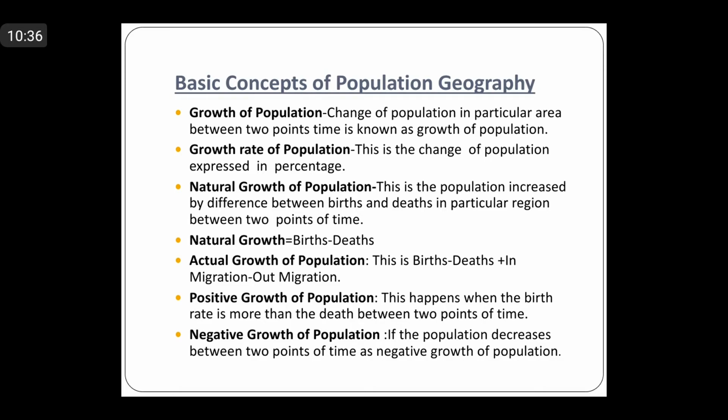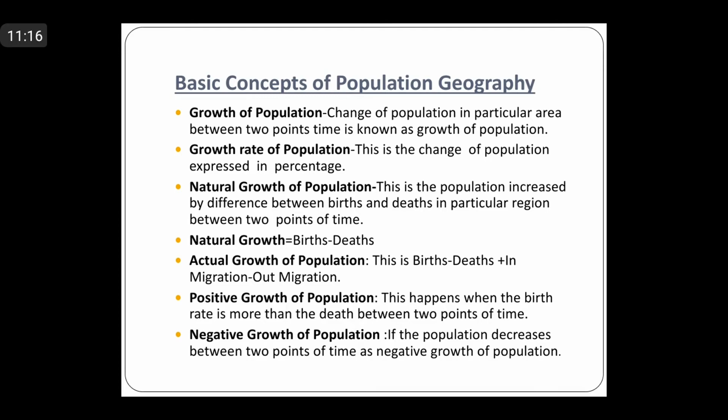Then comes the positive and the negative growth of population. The positive growth of population is births minus deaths plus in-migration minus out-migration. That was your actual growth of population. The next one is your positive growth of population. This happens when the birth rate is more than the death rate between 2 points of time.